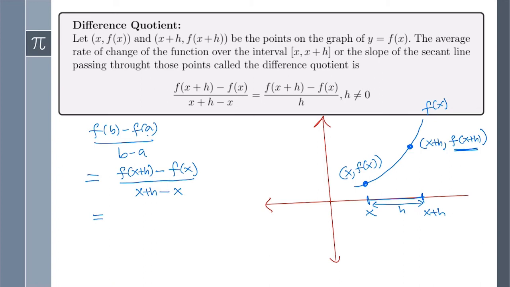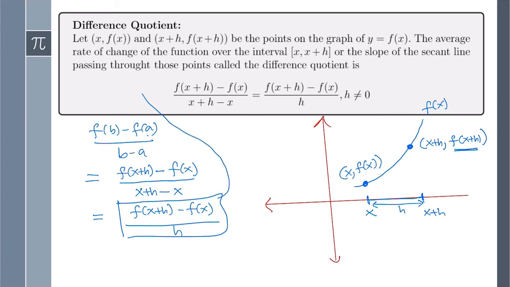Now this gives us f of x plus h minus f of x over h. And this expression is known as the difference quotient. Again, it just represents the slope of the secant line passing through those 2 points. So if I draw a secant line going through these 2 points, this one just represents the slope of that secant line, and it's called the difference quotient.